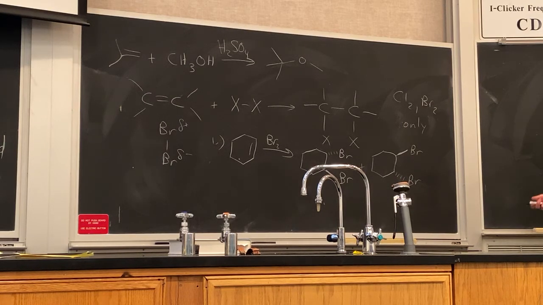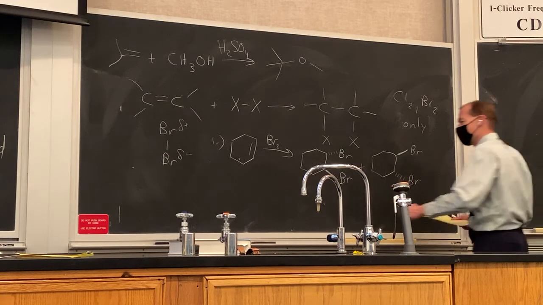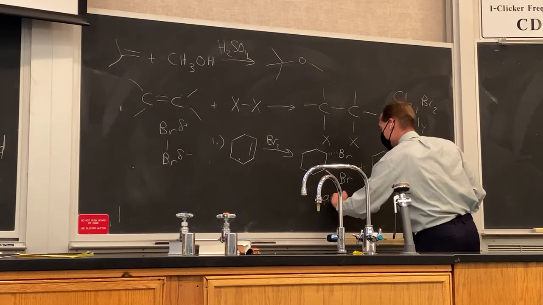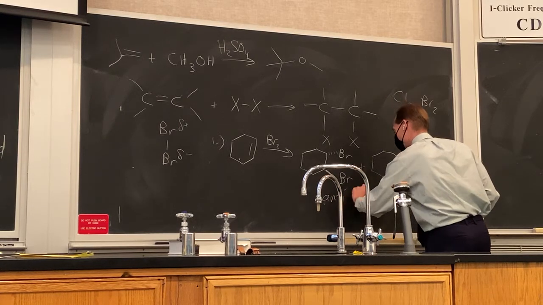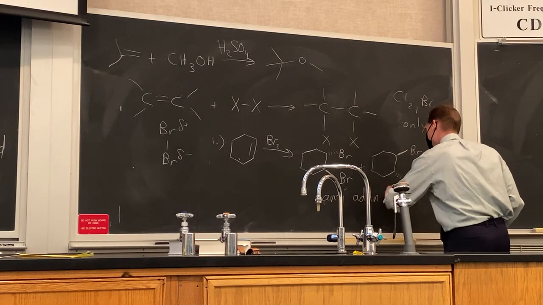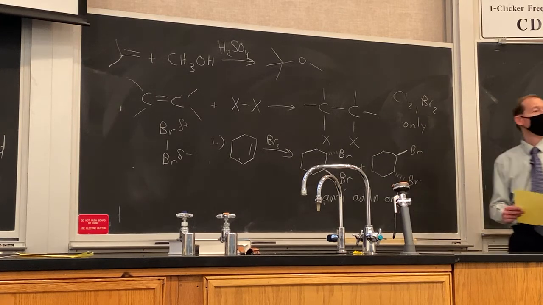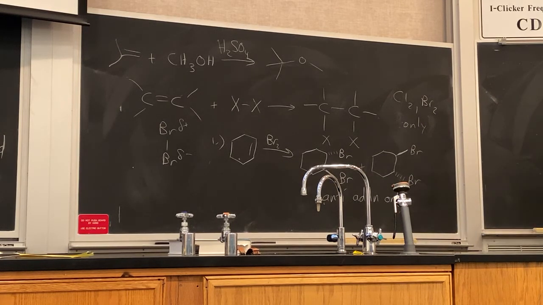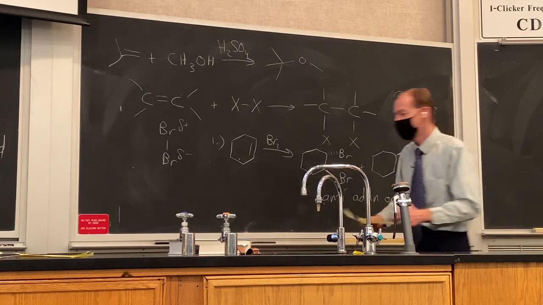Okay? So what kind of addition is this? The two terms we have are syn and anti. This is anti-addition. So we learn that in a halogenation reaction, we only see anti-addition. That's a sign that the mechanism's different from hydration and hydrohalogenation, because those give us both syn and anti addition.